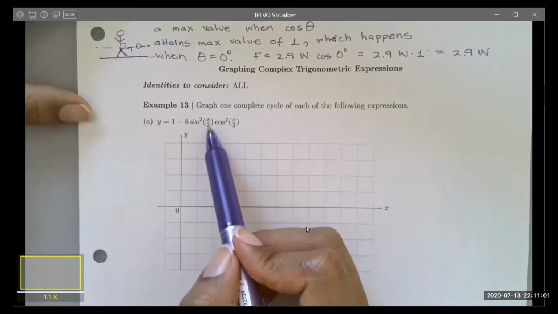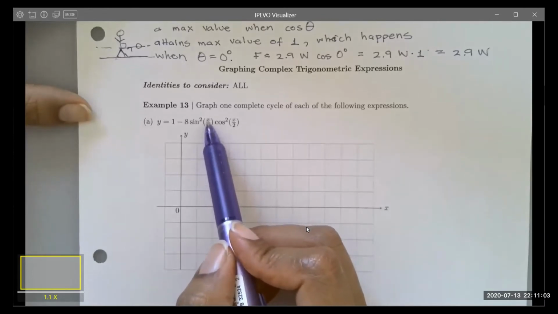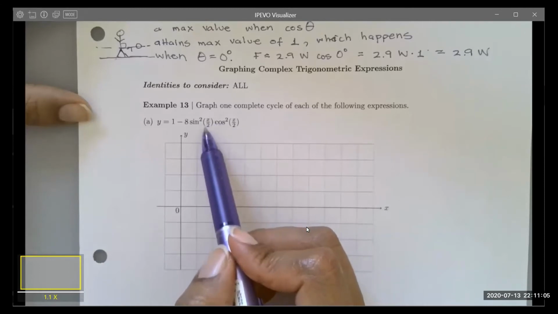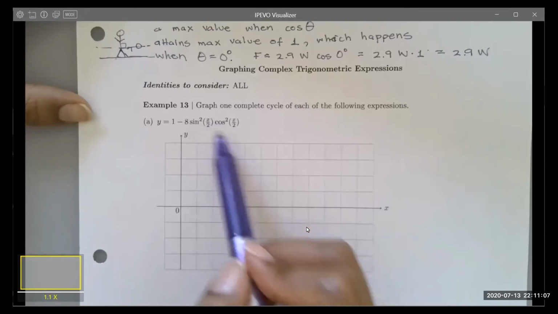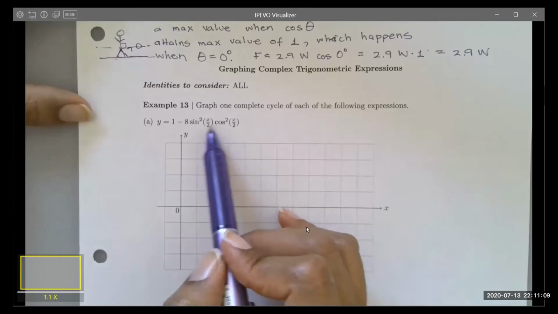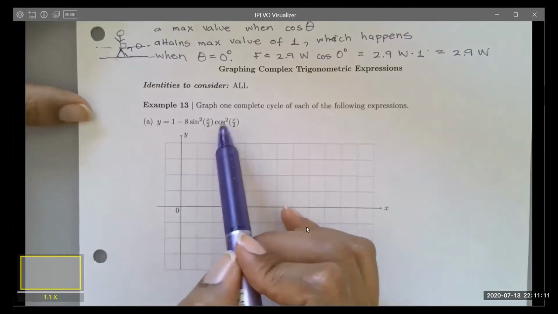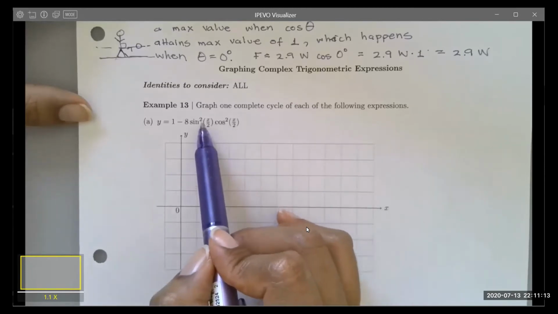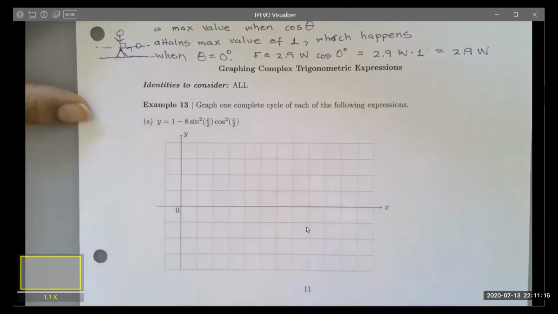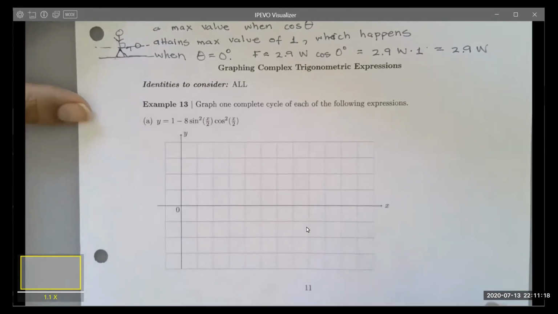This is not too bad because anytime x has a coefficient, that's just going to be affecting the period. But what we have never seen before is a product of trigonometric functions, especially if they're squared. So instead, what we're going to try to do is apply some identities to help us rewrite this in a way that we have graphed before.